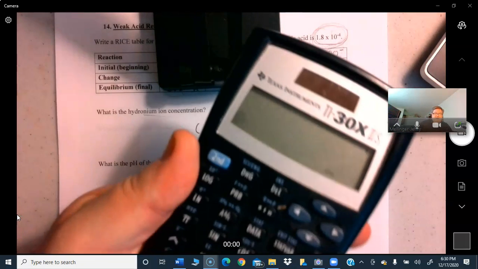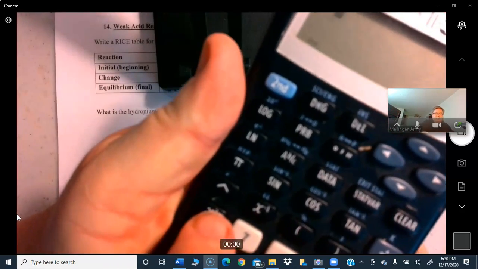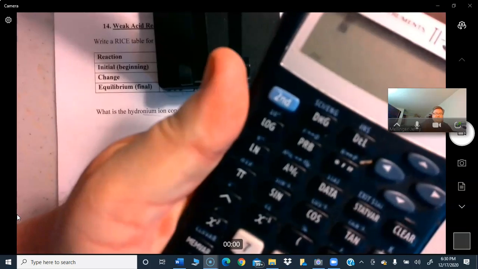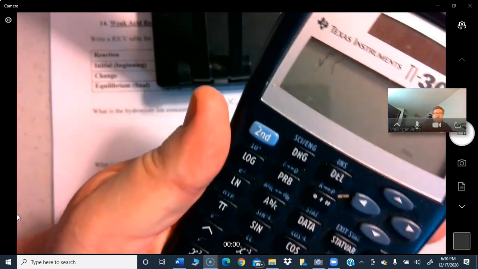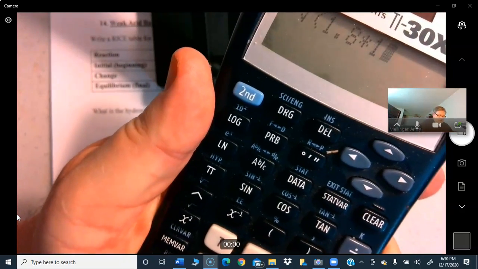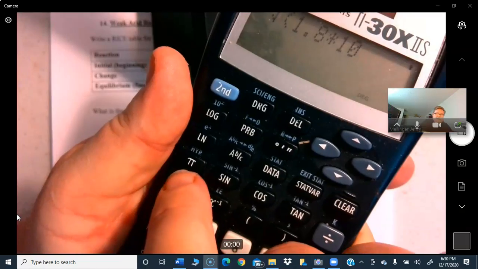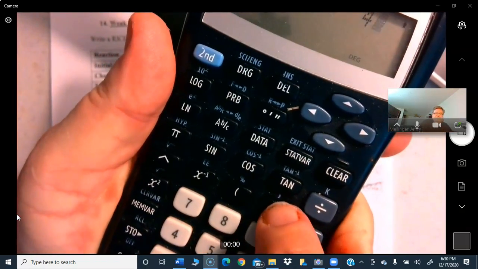I'm going to come over to my calculator. I'm going to do second and x squared, which is going to give me a square root function. There you see it right there. And it's 1.8 times 10 caret negative 4 and close the parenthesis.